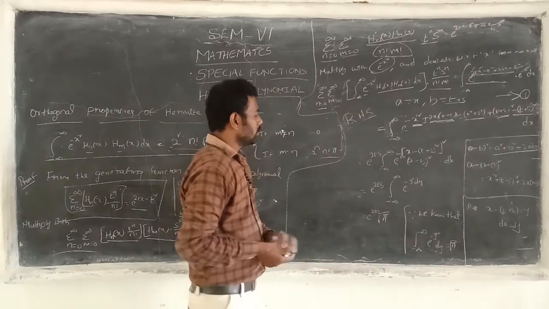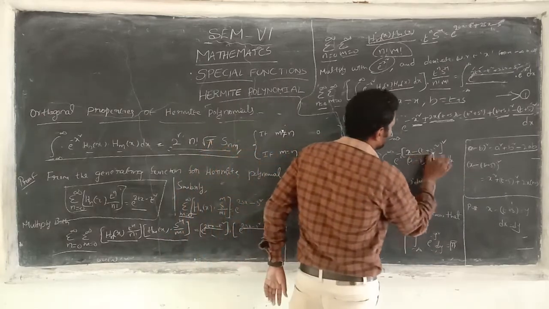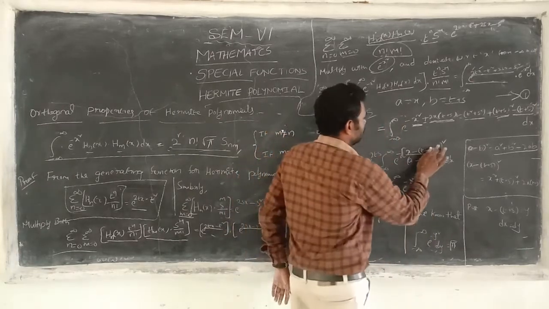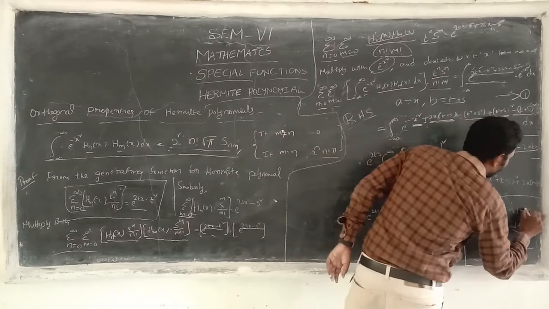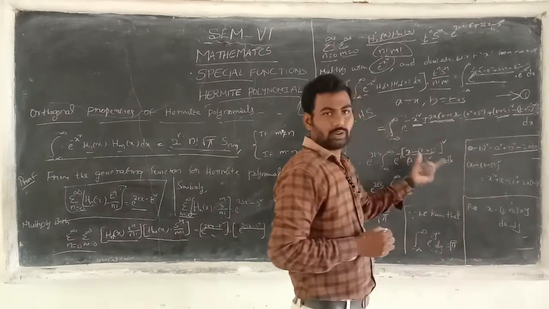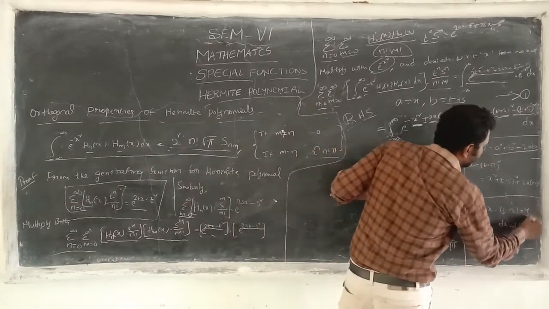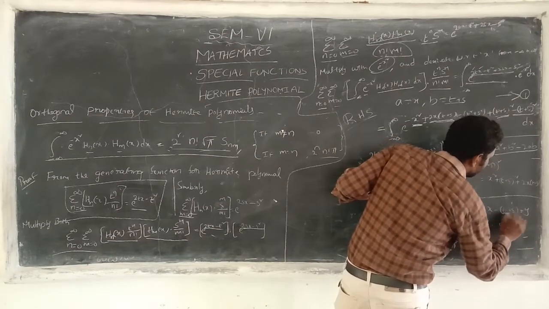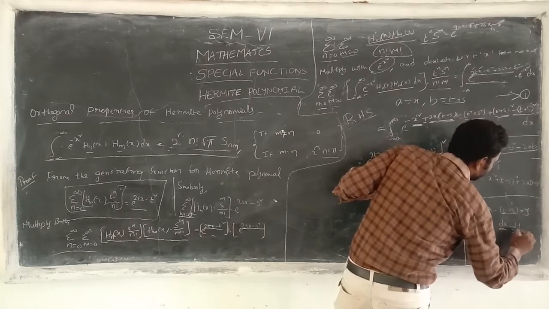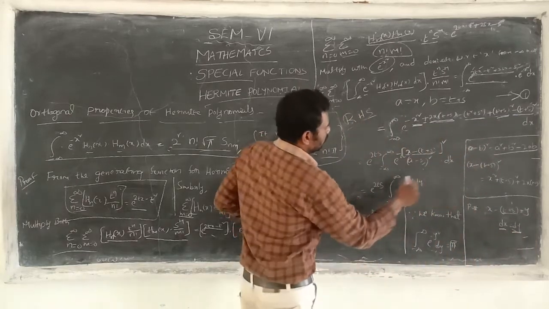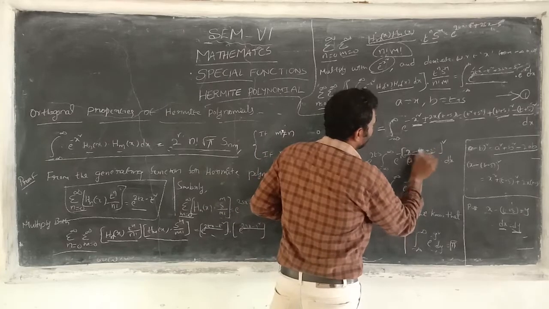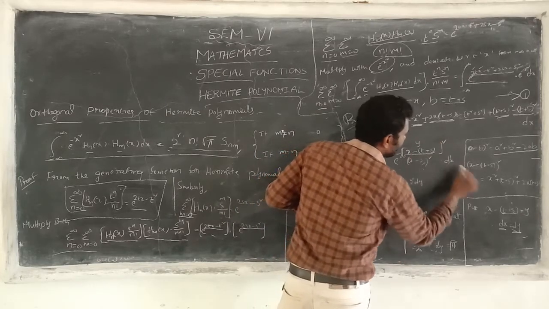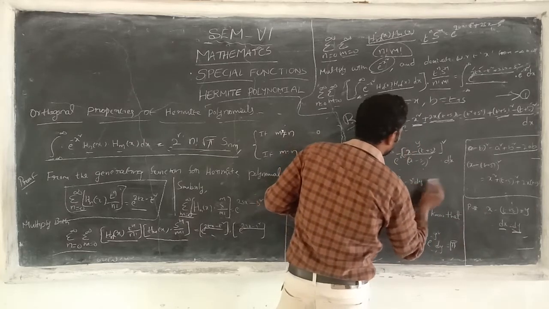This is the term to simplify. Suppose x − t = y. Differentiating, dy = dx, so dx = dy. Then the term (x − t)² equals y², so the integral becomes e^(−y²) dy.